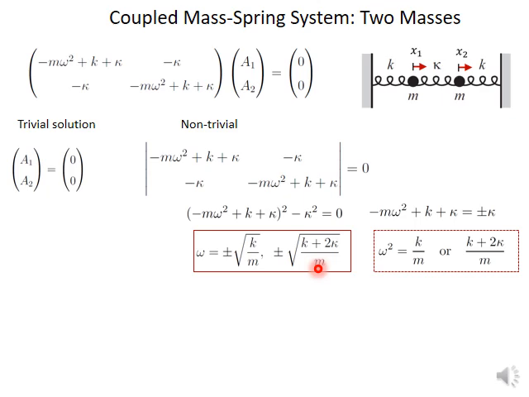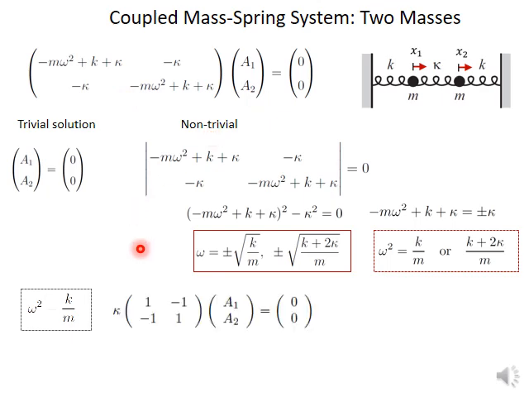Mathematically, so what do they mean? First, let's put omega square equals k by m into this set of equations, and it becomes something like this.